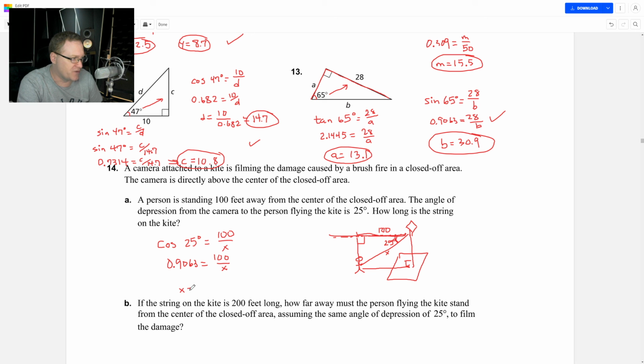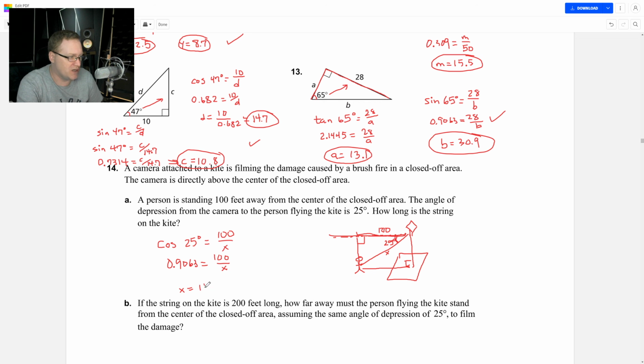And then if we want to solve for x, we're going to multiply both sides by x, so x is going to be up here, and then divide both sides by 0.9063. So that's going to move down here. So we're just going to have x equals 100 divided by this. All right, so 100 divided by 0.9063, and that equals 110.33.